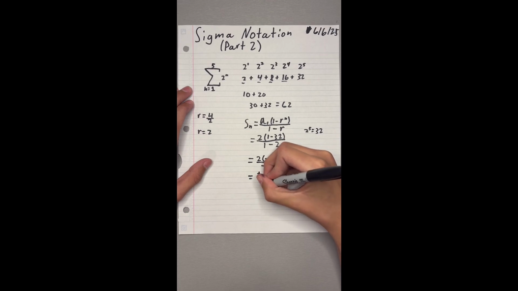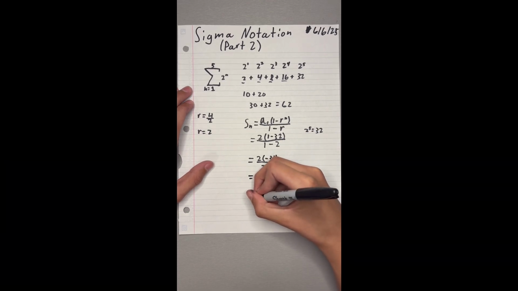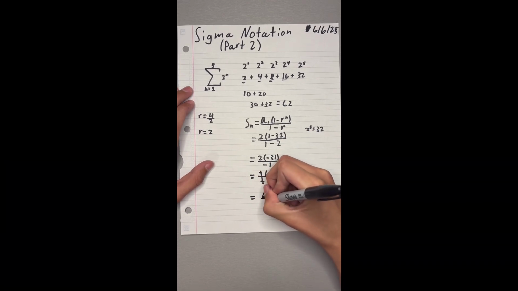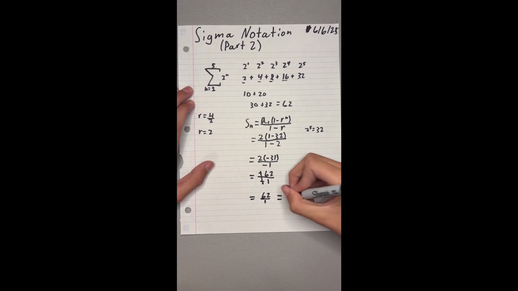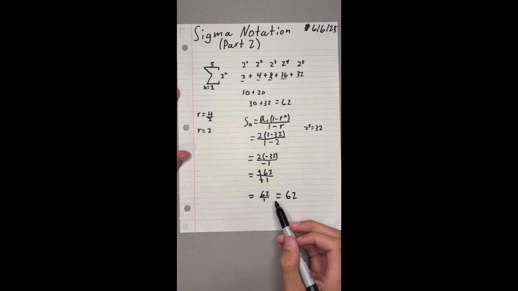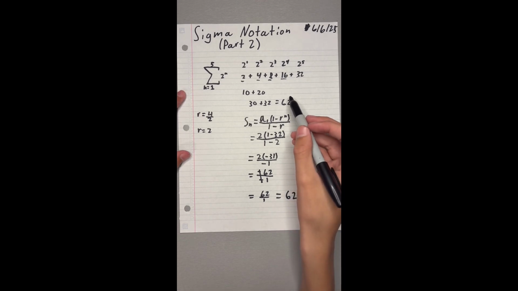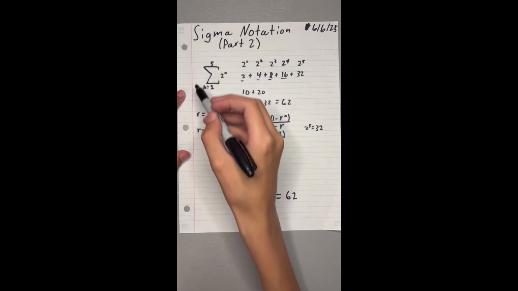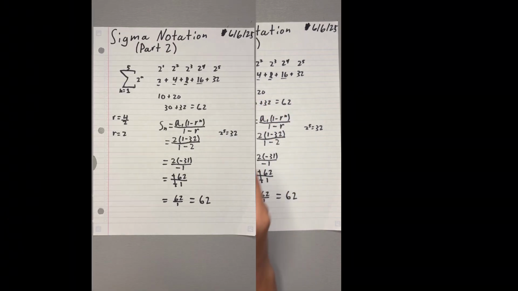These negatives cancel out, and we're left with 62 over 1, which is the exact same thing as 62. This is our exact same answer as we had up here when we were solving with our sigma notation expression.